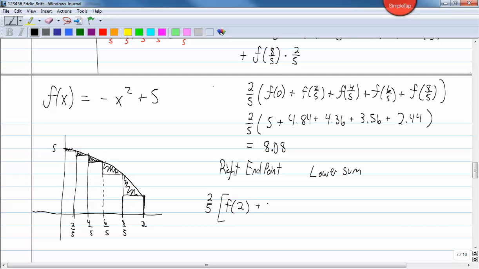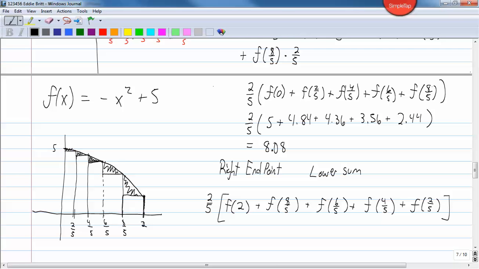So that's going to be f of 2 plus f of 8/5 plus f of 6/5 plus f of 4/5 plus f of 2/5. Now I know to stop there, because if I'm finding heights of rectangles, I have found 5, and that's how many I wanted to find. I wanted to use 5 rectangles.